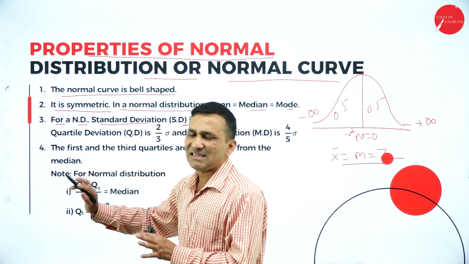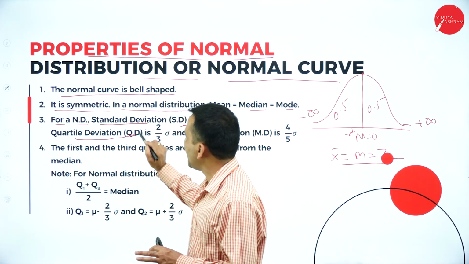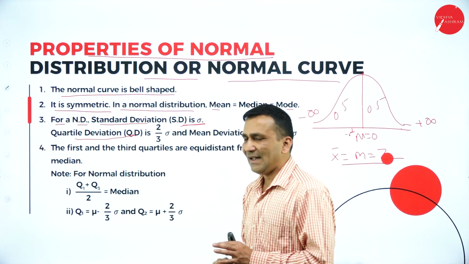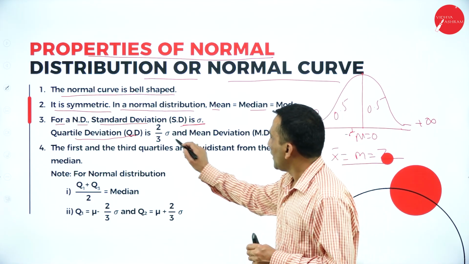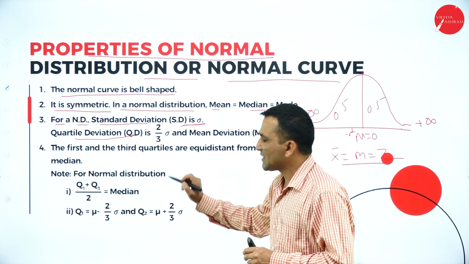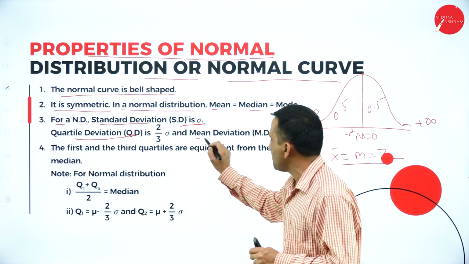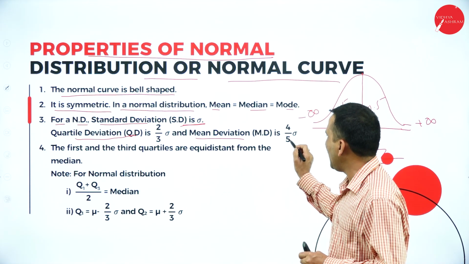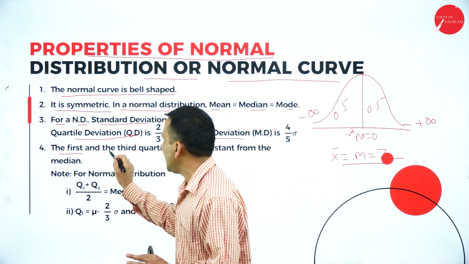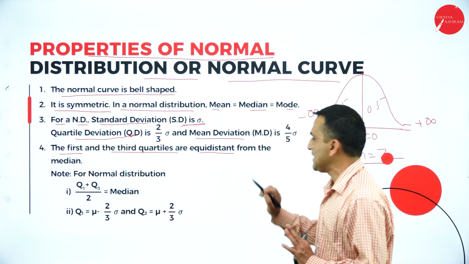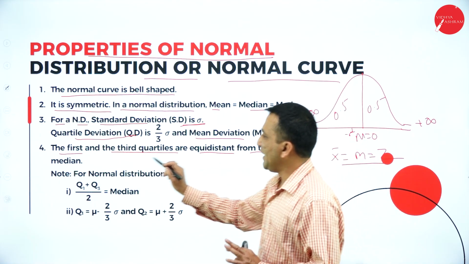In a normal distribution, the quartile deviation is 2 by 3 times the standard deviation, and the mean deviation is 4 by 5 sigma. The fourth property: the first and third quartiles are equidistant from the median.